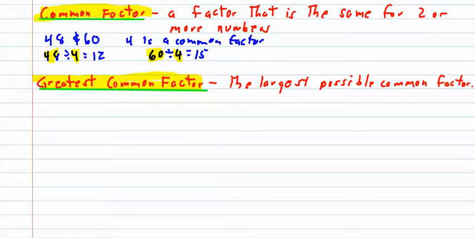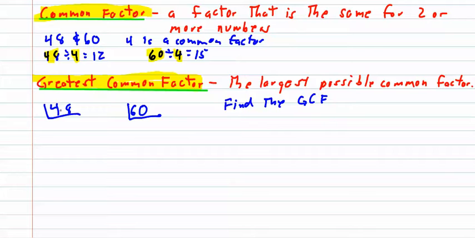So I want to look at a couple of quick examples, starting with 48 and 60. I want to find the GCF, greatest common factor. One way that I do it is by looking for prime numbers. Just start with prime numbers.